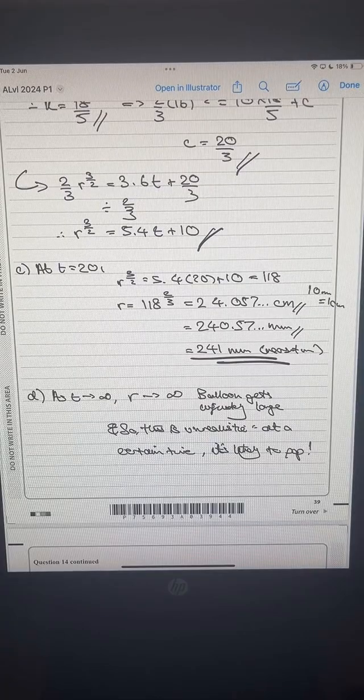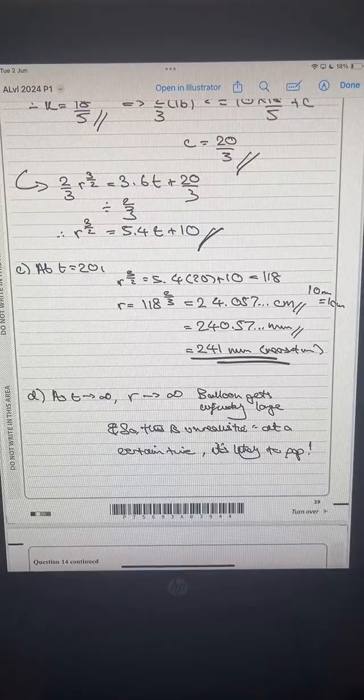Yeah, so the examples of acceptable answers which must relate to the model in context say that the model will not hold indefinitely as the balloon may pop. That's the principal answer they give. Then they also say the balloon is unlikely to be perfectly spherical, condone circular. So that is also allowed.